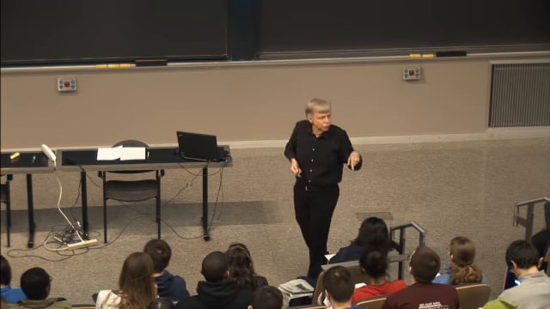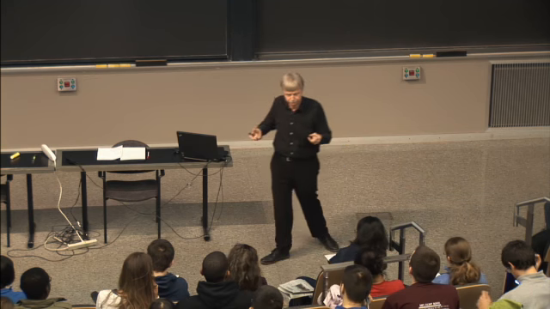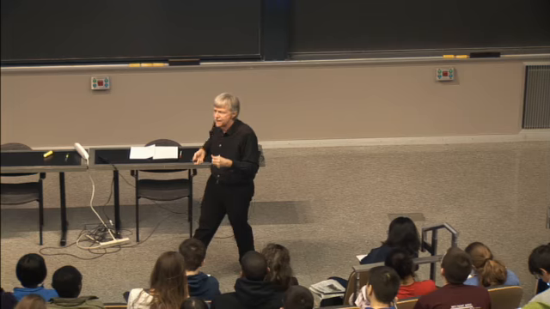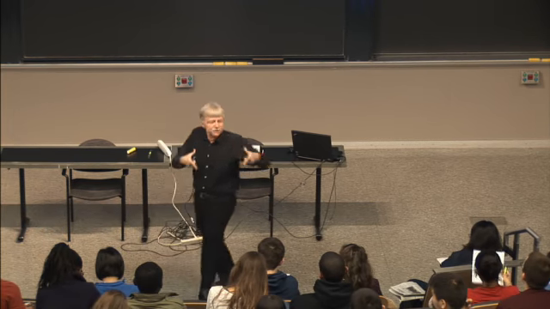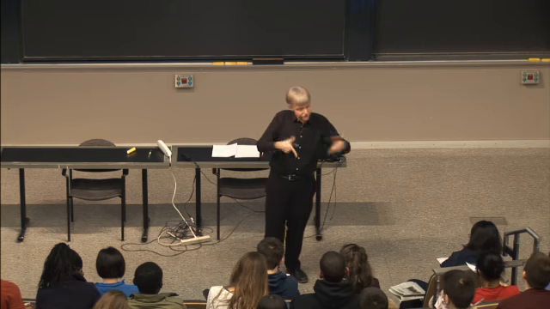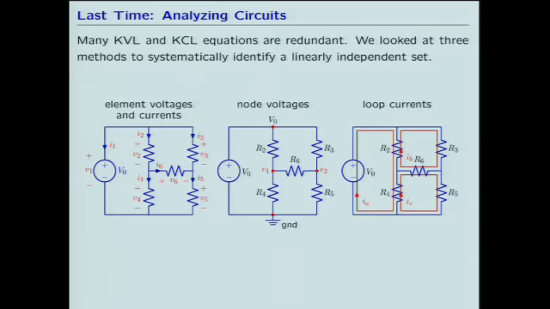If you're thinking about a voltage source, then V equals V naught, some fixed number. If you're thinking about a current source, then current is fixed at some fixed number. So it depends on what element you are thinking about. And then you just combine all of those, and you can solve the circuit.